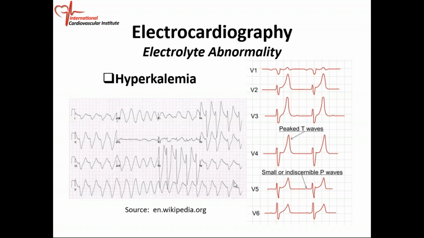You don't see any P waves, and you can get something looking like this. It looks like a ventricular tachycardia. The QRS is wide. You have no P waves. So these are all ECG features of hyperkalemia. And again, it can be an emergency, so you need to know what to do, how to treat these patients. Your ECG is going to help you.